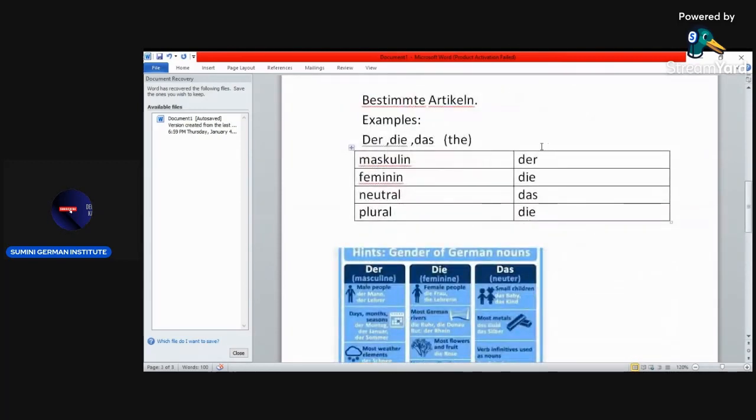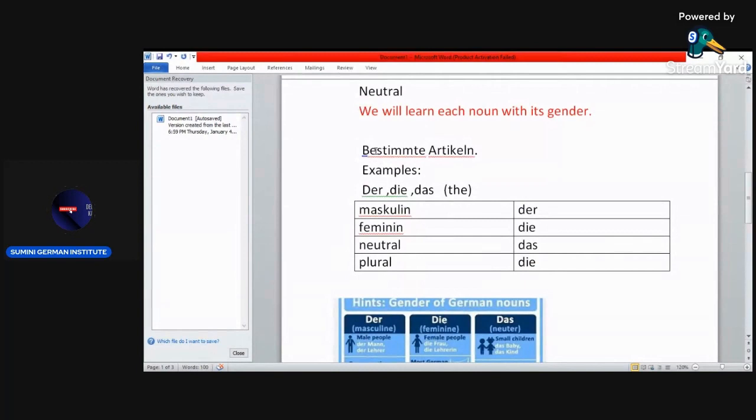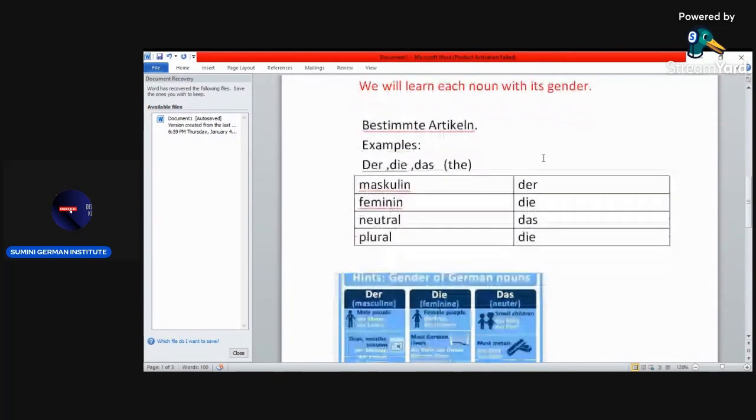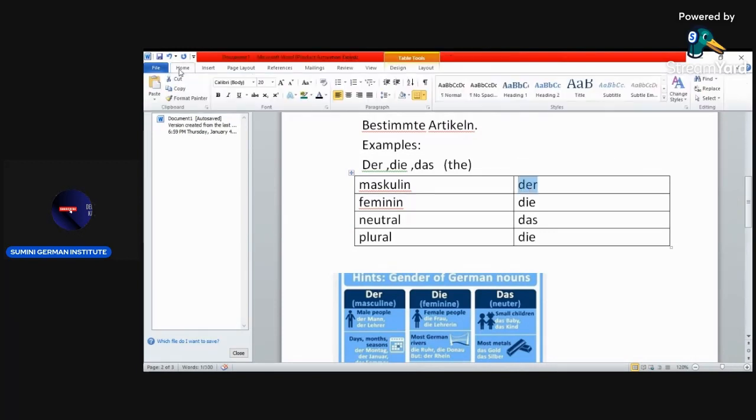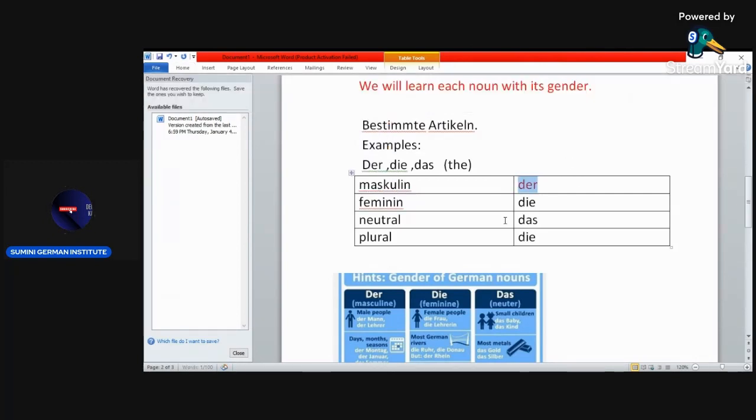So let's begin with bestimmte Artikel, the definite articles. Examples of the bestimmte articles: number one, der, die, das. Der represents the masculine.